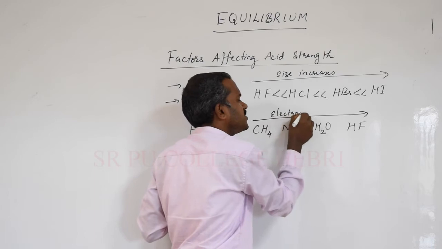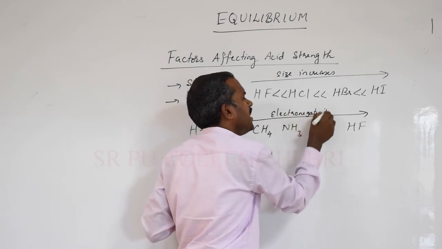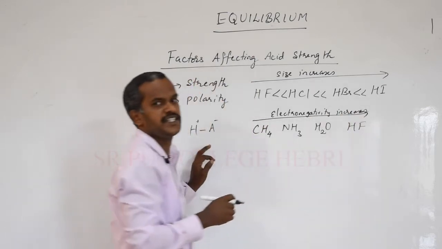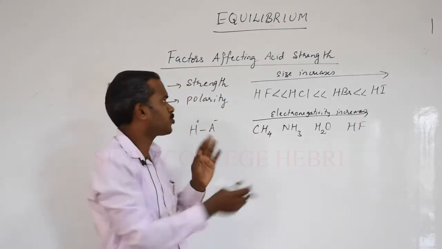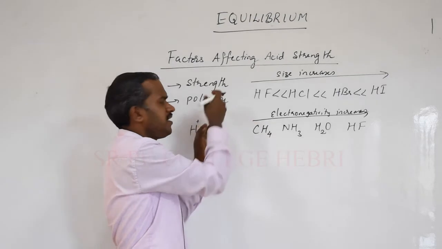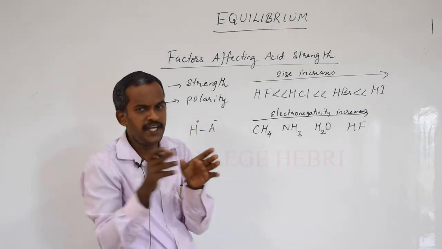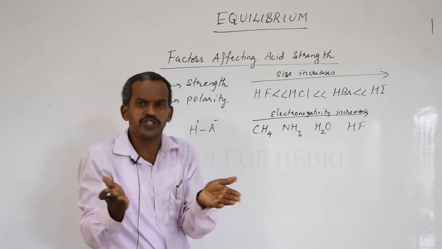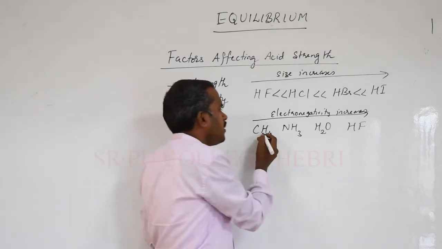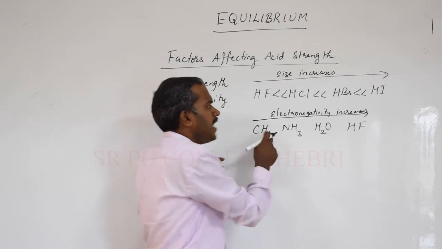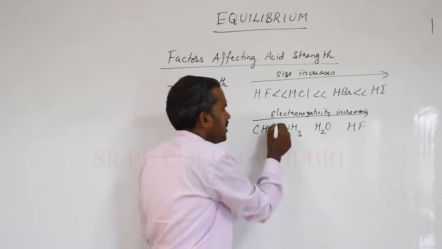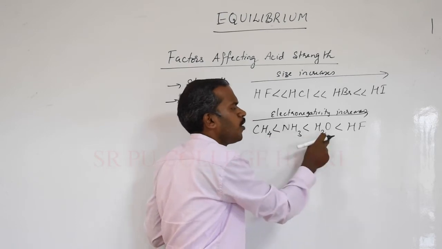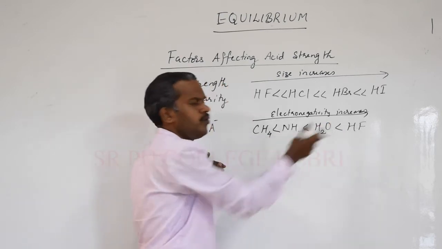In this series, electronegativity increases. When the electronegativity increases, acidic strength also increases, because as I told you already, electronegativity decides the polarity, polarity decides the strength of the bond, and strength of the bond decides the dissociation rate. So as the electronegativity increases, acidic strength increases from methane to ammonia, ammonia to water, and water to HF.